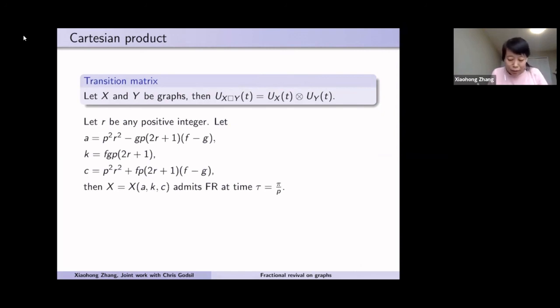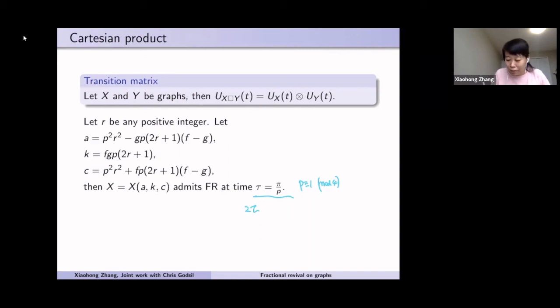We can make sure the graph has an FR at the time pi over P, where P is a prime congruent to 1 modulo 4, as we earlier picked for the solution. So if we check time 2 tau, recall it is an even integer multiple of tau.